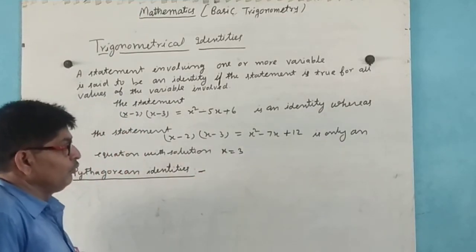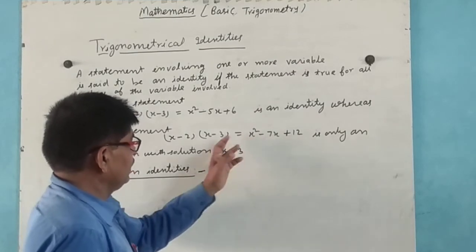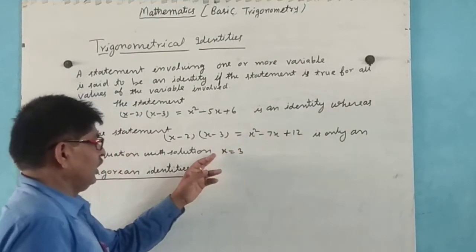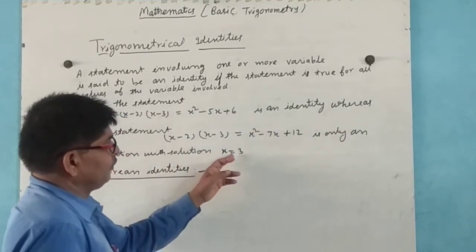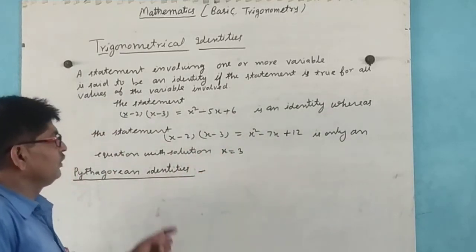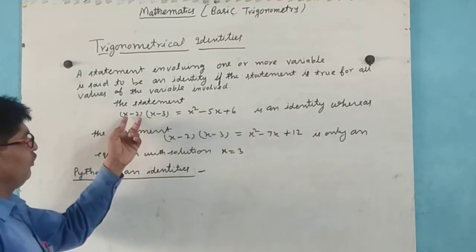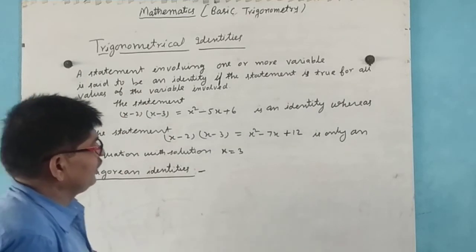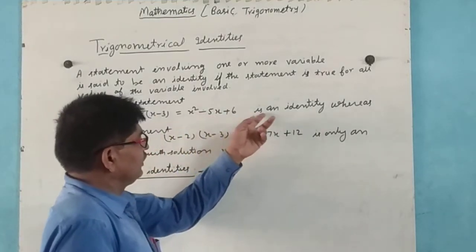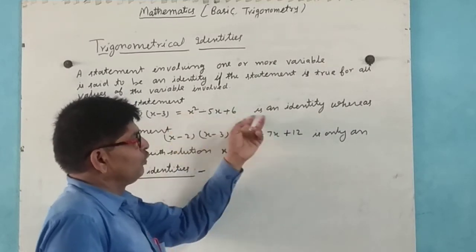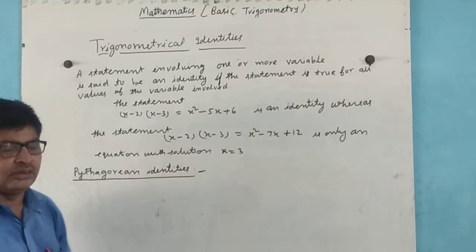If we put x equal to 3 in this case, it becomes 0, and this is true only for x equal to 3. But here, if we take different values of x, the relation is true, so it is known as an identity.